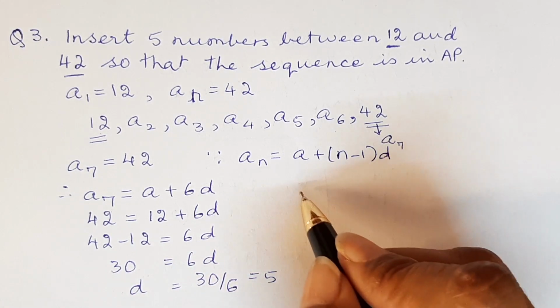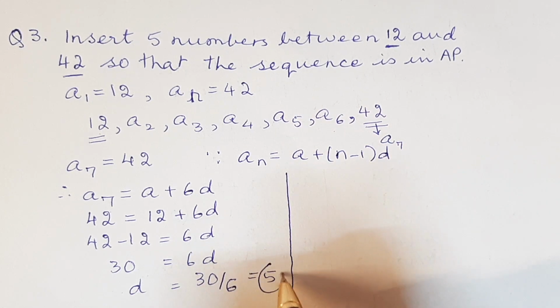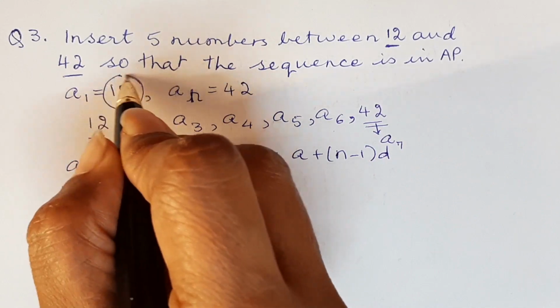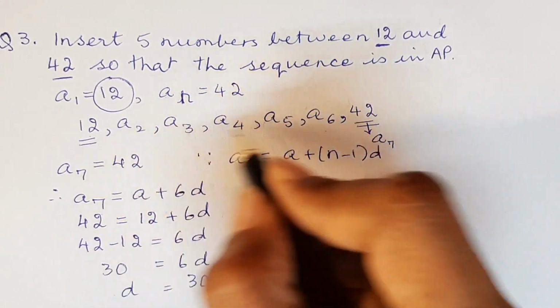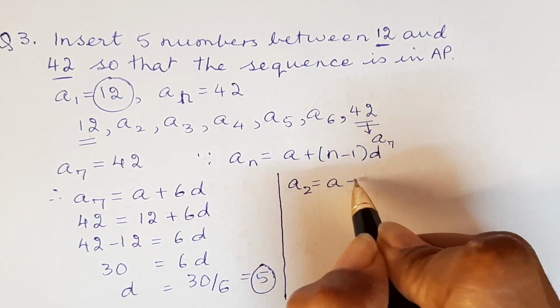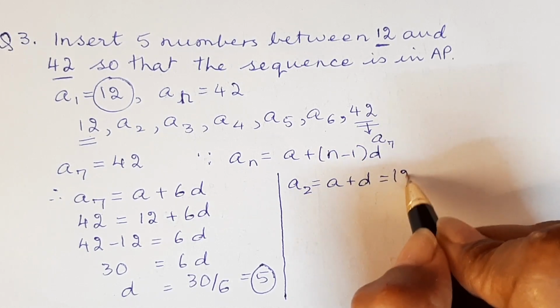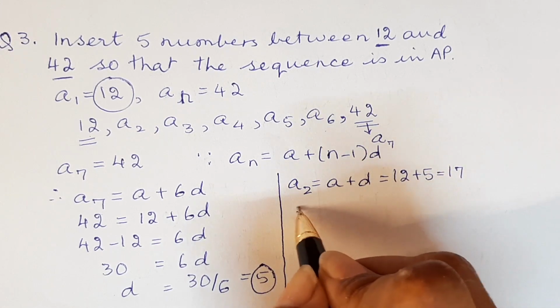So now that we know that the value of D is 5, the value of A is 12, we can actually find the terms which are to be inserted. A2 will be A plus D, which will be equal to 12 plus 5, which is 17.